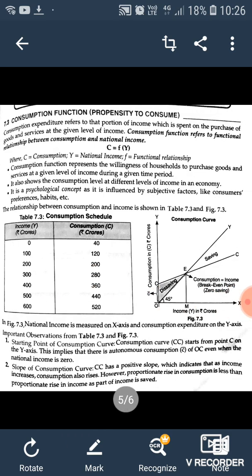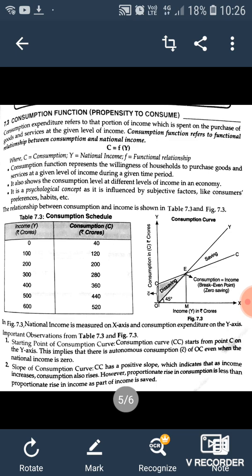Now let's see what a consumption function is. Consumption is a function of income, as you see here. What does it represent? As income increases, consumption also increases. Consumption is the willingness of households to buy goods and services with their income at a given period of time.